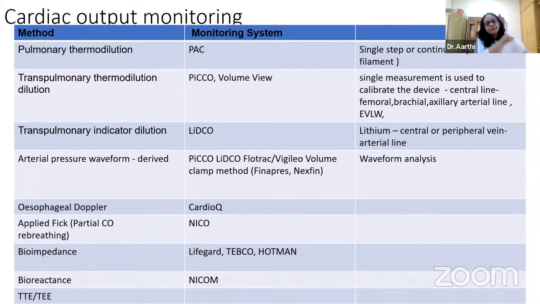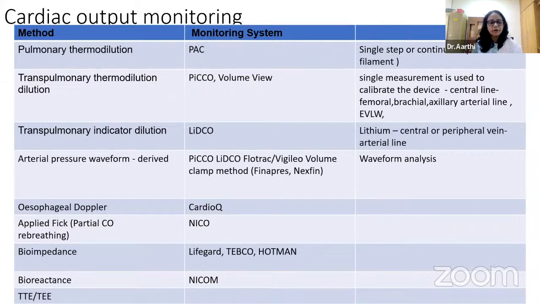And there are other monitors where we assess the cardiac output through arterial pressure waveforms. The LiDCO device, FloTrac, and Vigileo use these algorithms. There are different waveform algorithms which are computed and analyze the area under the arterial line curve, and give the stroke volume and hence the cardiac output of the patient.